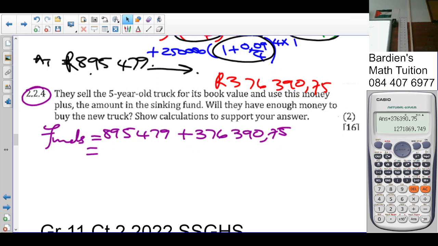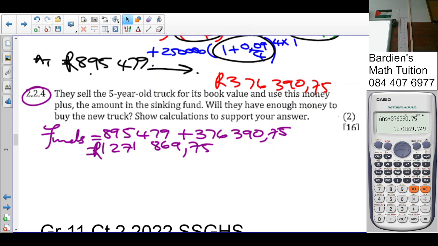That gives me 1,271,869.75. Okay. So that's the funds they have.